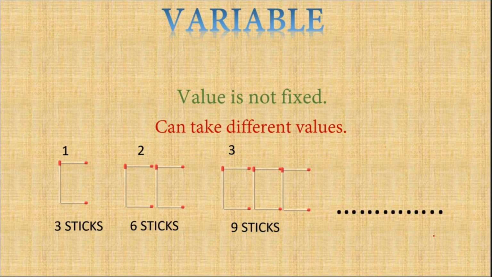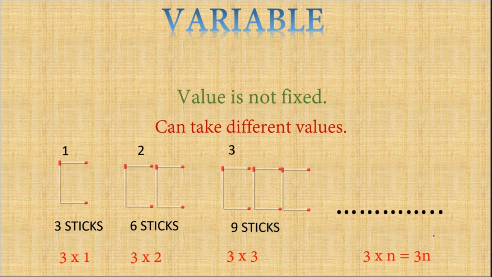Now, if we observe this, the first C requires 3 sticks. So, 3 can be obtained by multiplying 1 with 3. That is, 3 into 1 is 3. In the second case, we need 6 sticks, which can be obtained by multiplying 2 with 3. And in the third case, multiply 3 with 3 and it gives the 9 sticks. With this, we can generalize the formula that 3 into n is the count of sticks required to make n number of C's.